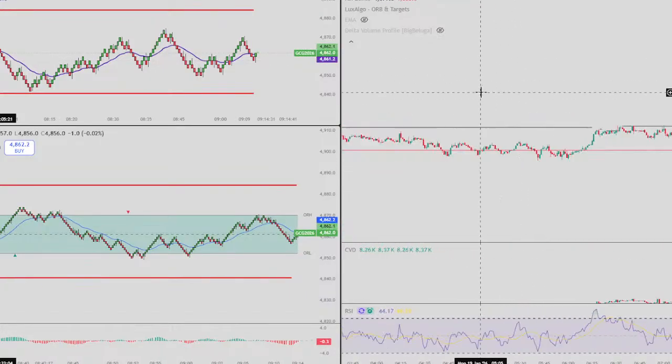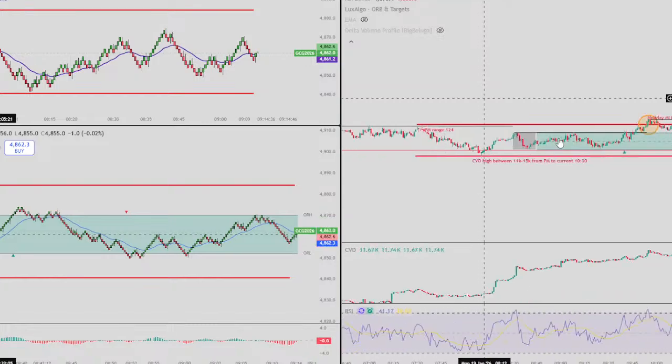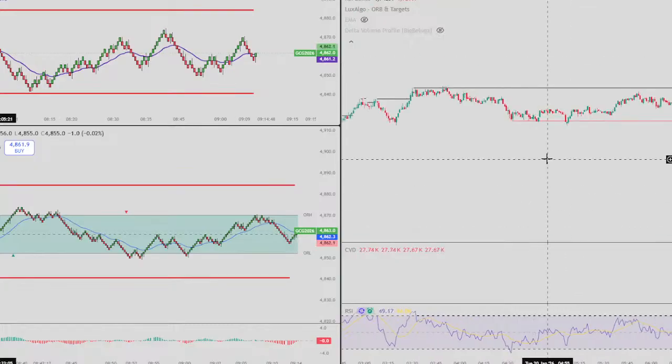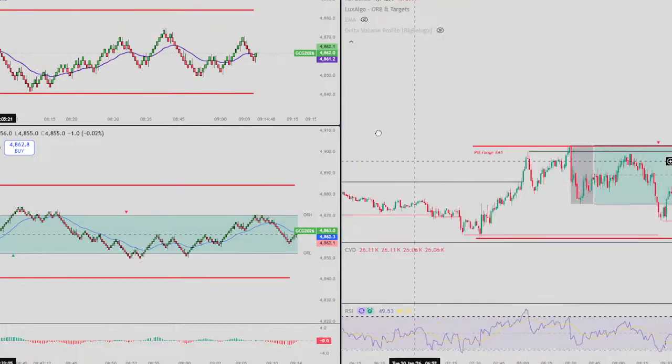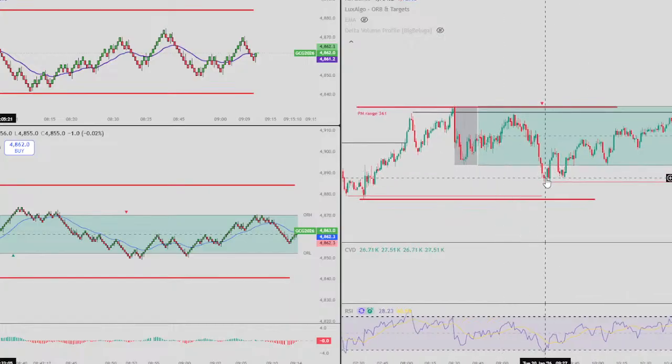It's here because on Monday we didn't break anything. We just created an overbought. And then on Tuesday we didn't break anything either. We started right at the top and then we just came chopped around and then we created an oversold.